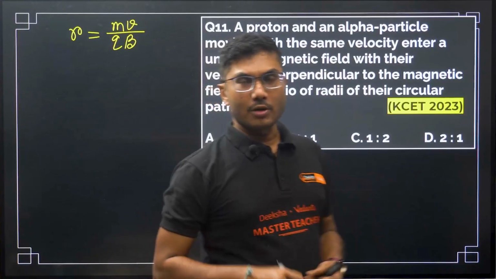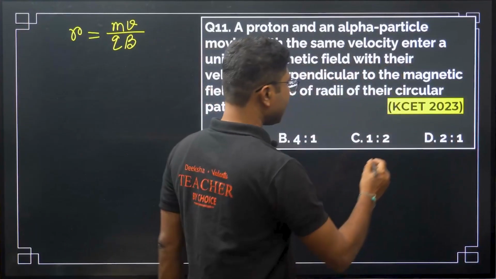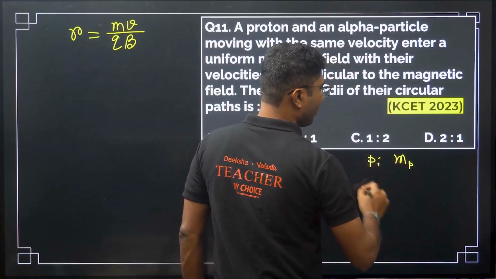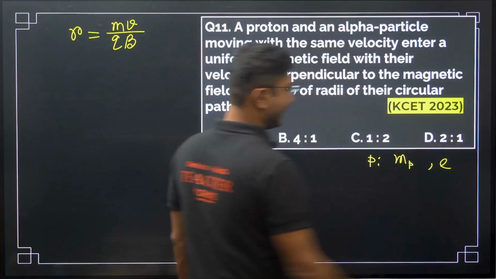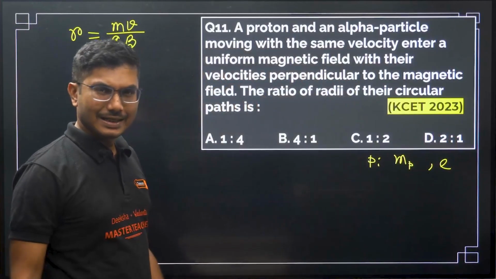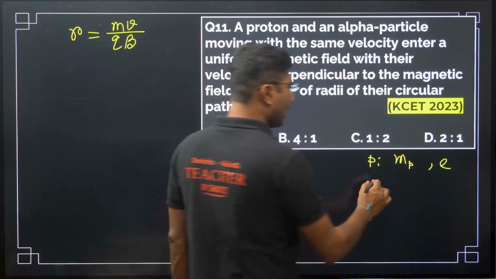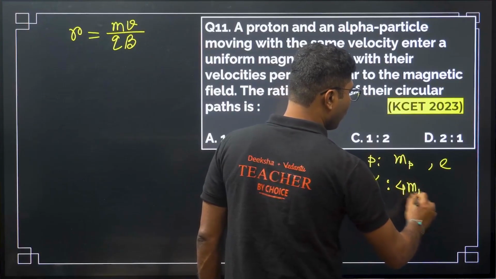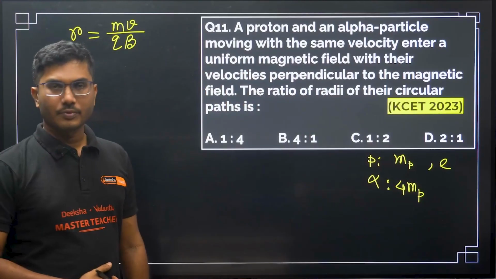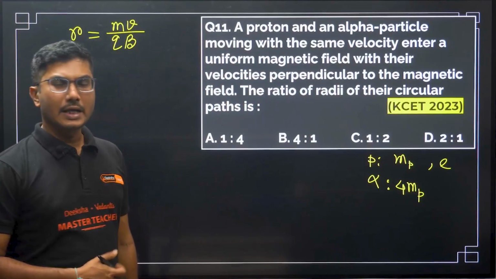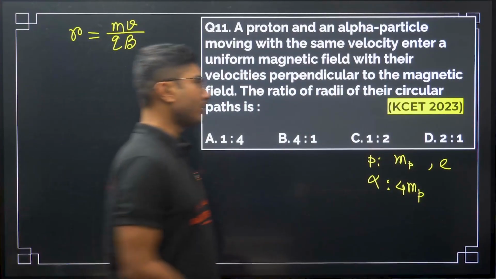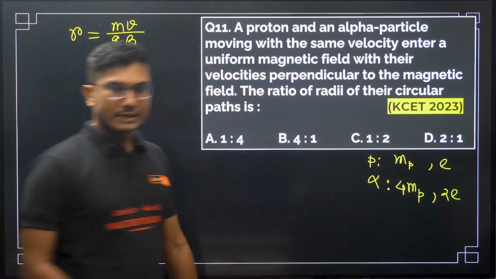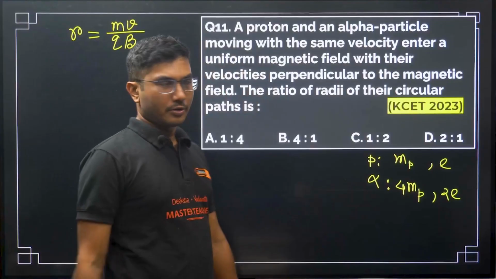For a proton, mass is mp and charge is plus e. Electron is minus e, proton is plus e. For an alpha particle, you have to remember mass is approximately 4 times that of a proton, and its charge is 2e, twice that of a proton.